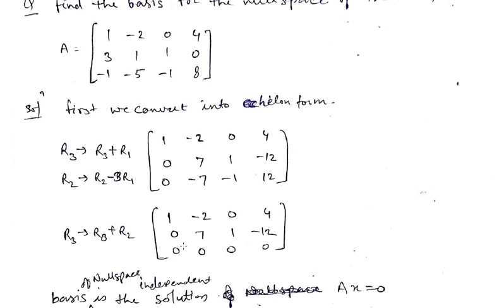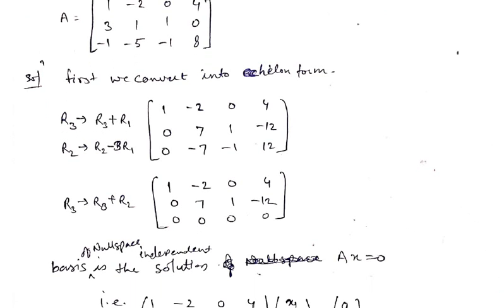Now we are to find the basis of the null space. Using the rank nullity theorem, we can calculate the nullity, that is the number of independent solutions of the null space. Here the number of columns is 4 and the rank is 2, so the nullity is 4 minus 2, which equals 2. It means the number of independent solutions of the null space must be 2.